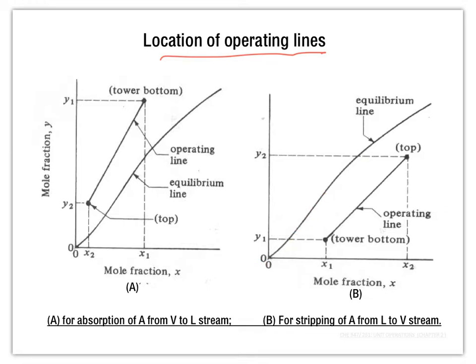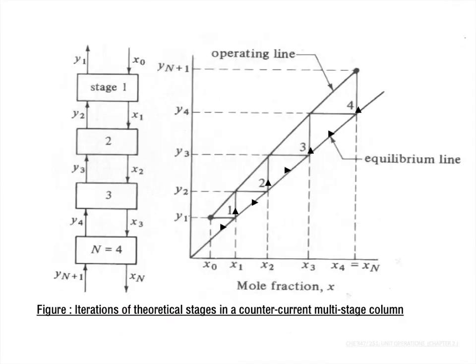So the location of the operating line will be different for an absorption column or a stripping column. This is the graphical method used to calculate the tray number of the tray column, or sometimes you call it the number of stages in the column.